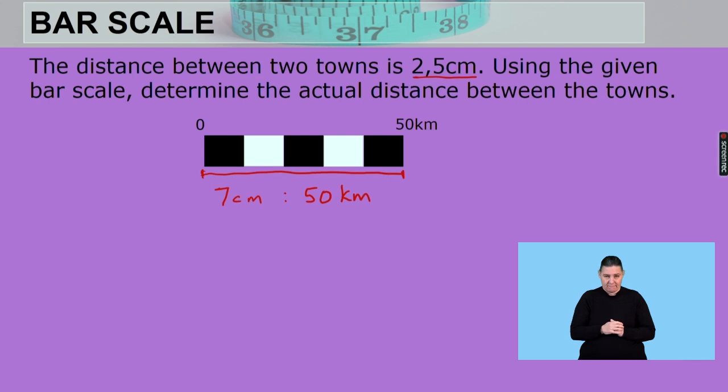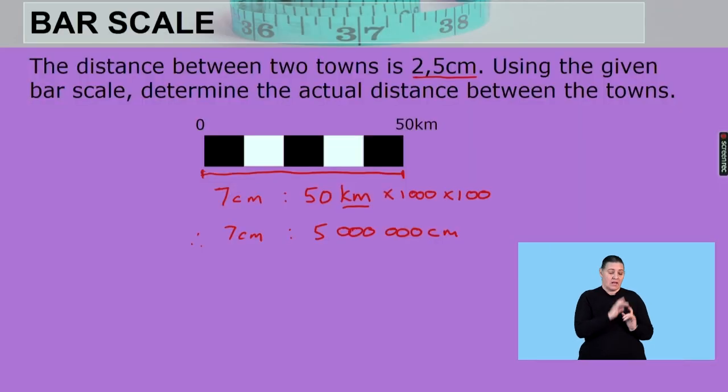And if you remember, like the previous example, we've got to convert the kilometers to centimeters by multiplying by 1,000 and then multiplying by 100. So, therefore, 7 centimeters is equivalent to 5 million, one more zero, yes, centimeters. There we go.